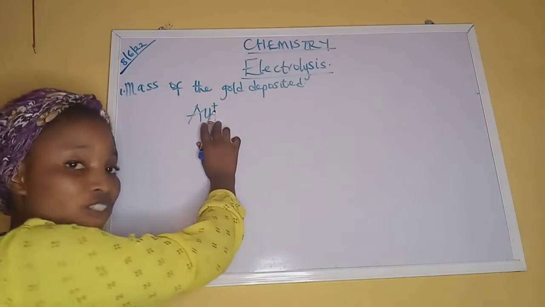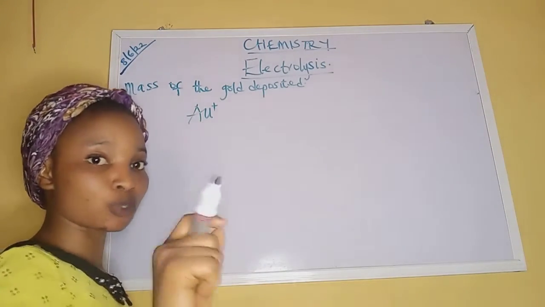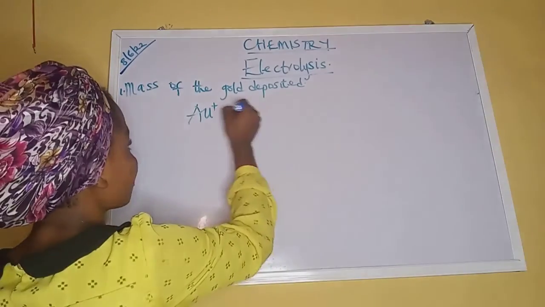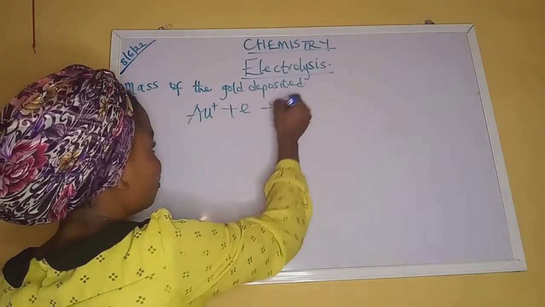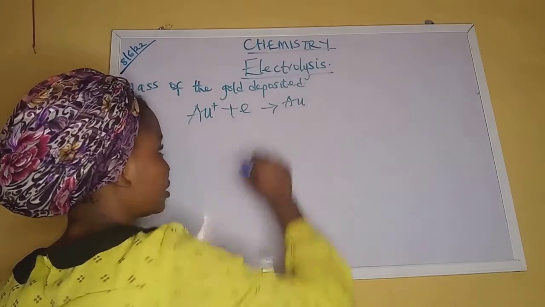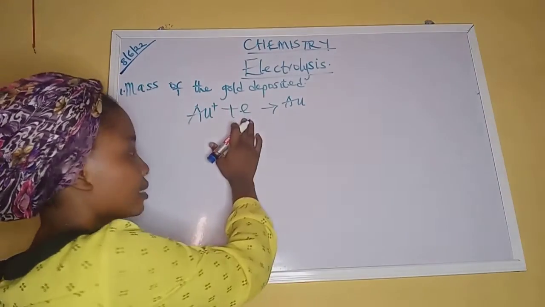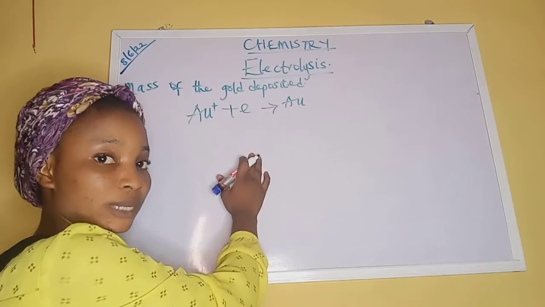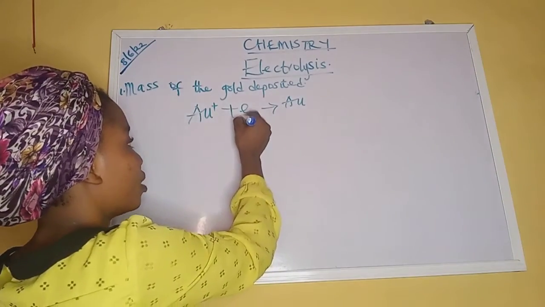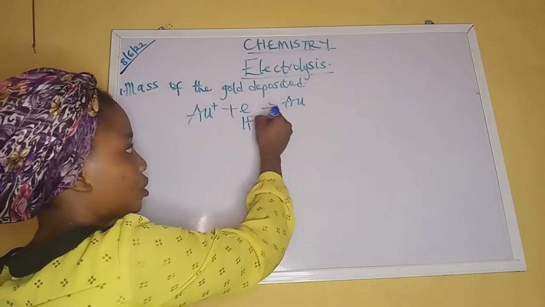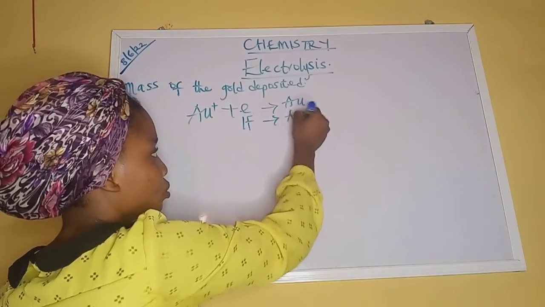Because we have just one charge here, we have just one electron that will give us oxidized gold salt. This e signifies the amount of electricity. We can also call it 1 Faraday.